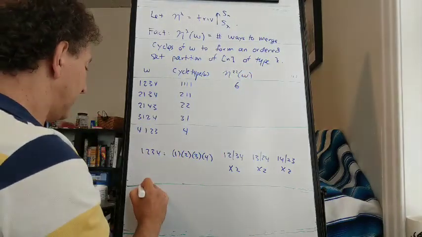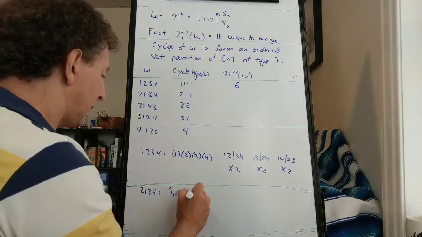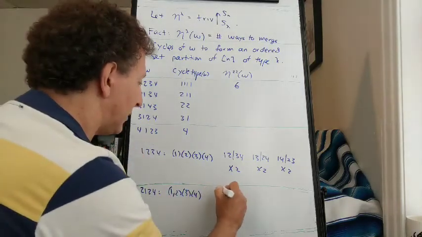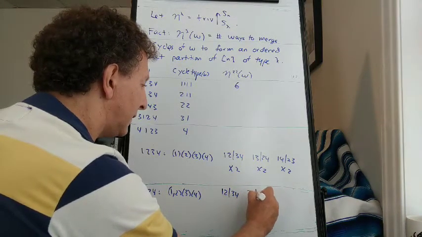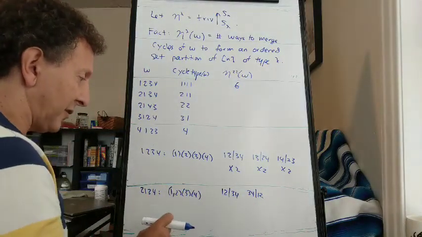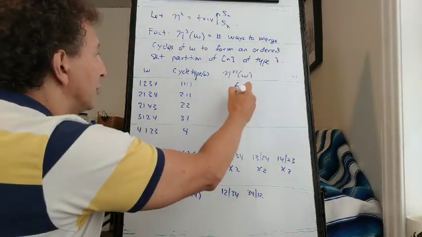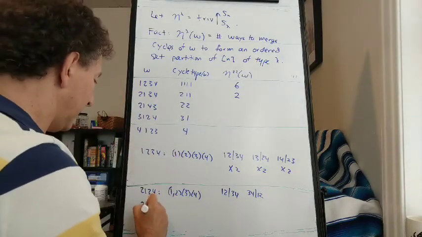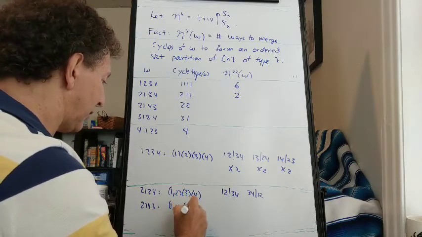And then if we look at 2, 1, 3, 4, so 1 and 2 have to go in the same block now. So I guess those are the only ways to merge these cycles together to form a block of size 2 and a block of size 2, ordered. So that's 2. And then 2, 1, 4, 3 has cycle notation 1 and 2 together, 3 and 4 together.